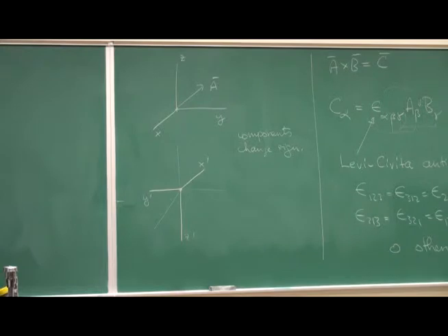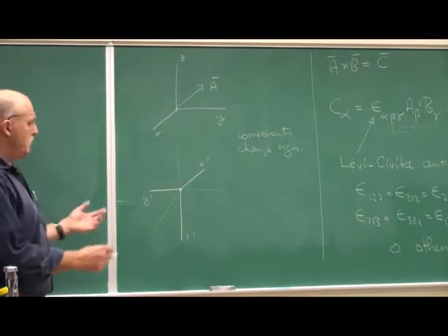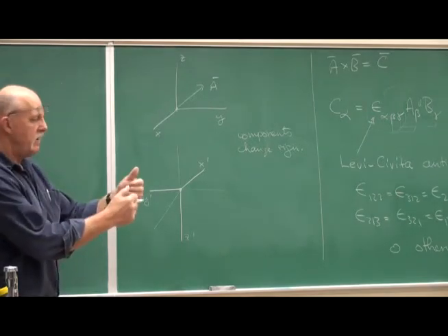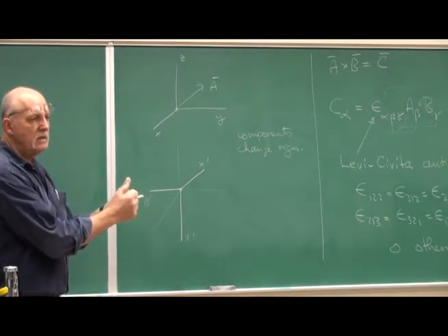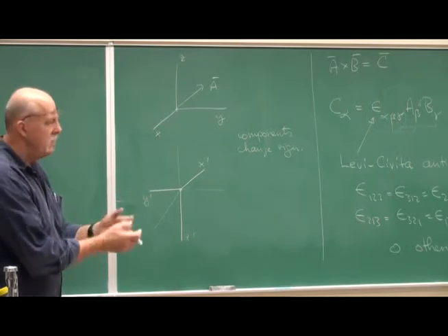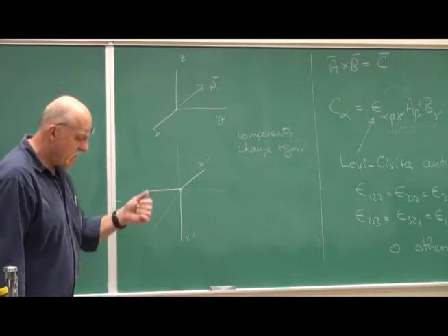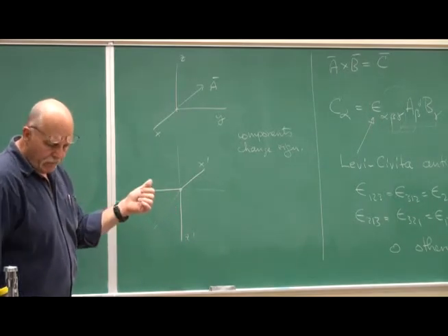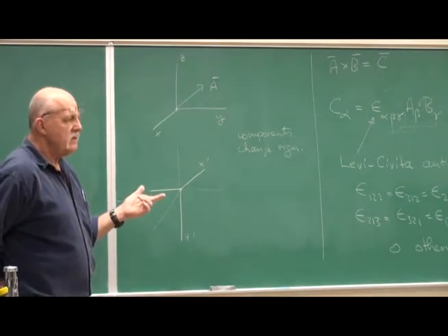What about the components of a second rank tensor? Well, a second rank tensor is just two vectors. And if each of those vectors change sign, then the second rank tensor will not change sign. So, okay, a vector changes sign, a second rank tensor doesn't change sign.